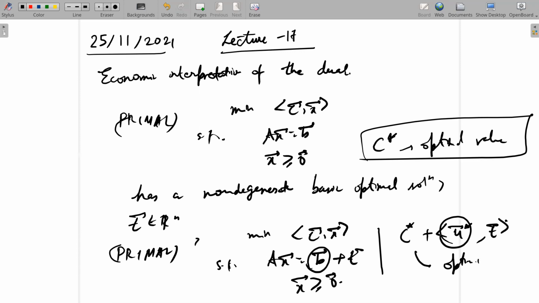That is the unique dual optimal solution. We had shown that if this has a non-degenerate basic optimal solution, then there is only one dual optimal solution.